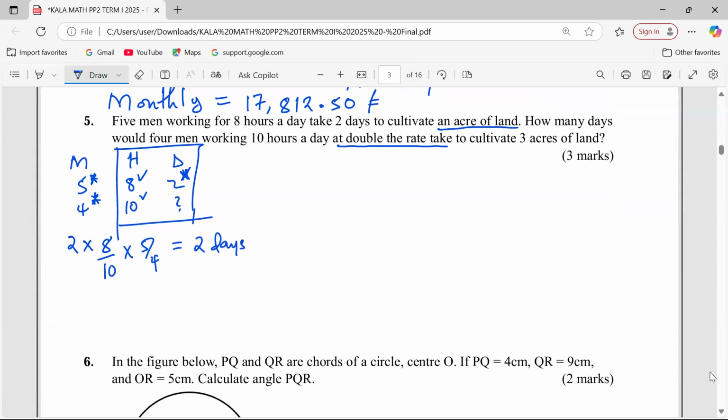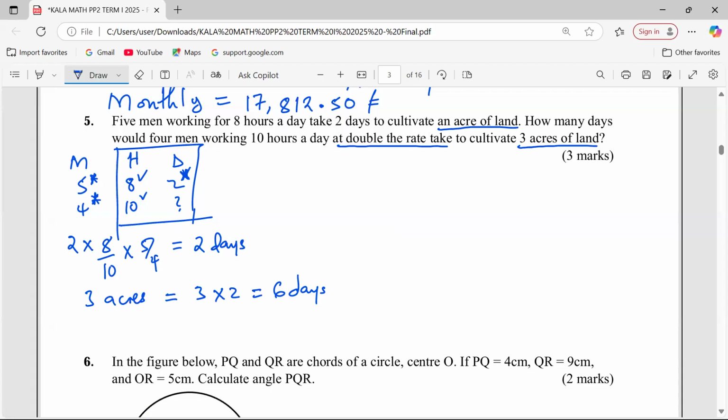So if they need 2 days for an acre of land, what about 3 acres of land? For 3 acres of land, they will need 2 days for each acre, so 6 days. But now we are being told that they are working at a double rate.